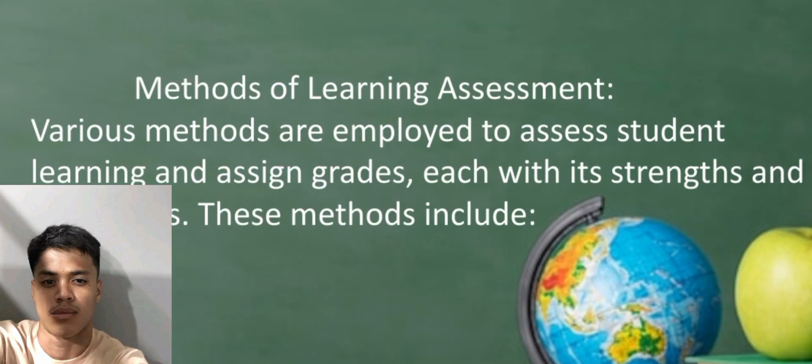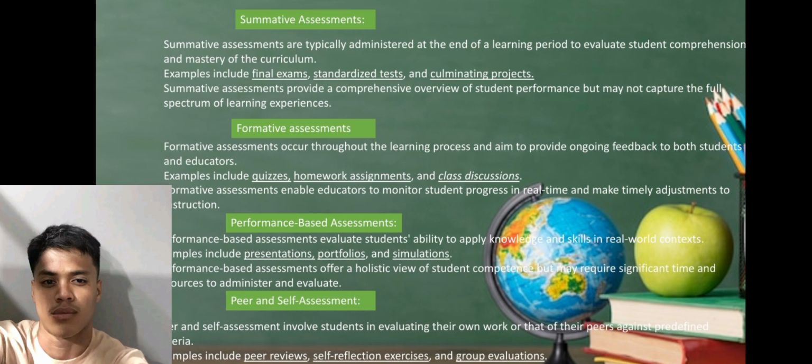The methods of learning assessment. Various methods are employed to assess students' learning and assign grades, each with its strengths and limitations. These methods include summative assessment, formative assessment, performance-based assessment, and the last is peer and self-assessment. So first, we need to define what is summative assessment.